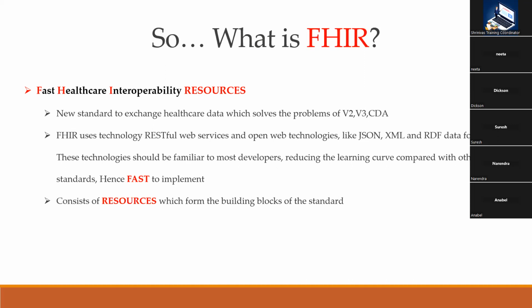We'll understand more about why we are calling this a resource in the upcoming sessions, and what a resource basically means, and how FHIR is actually using these resources. But apparently FHIR is completely based on these resources, right? And that's the reason they form the building blocks of our FHIR standard.